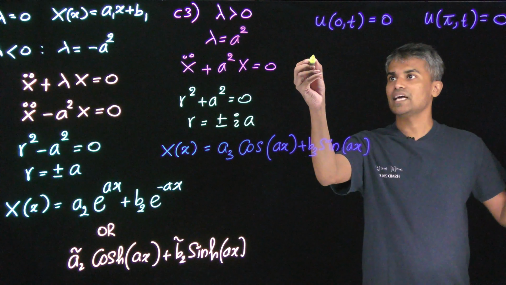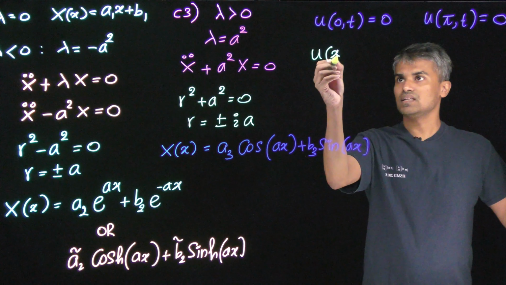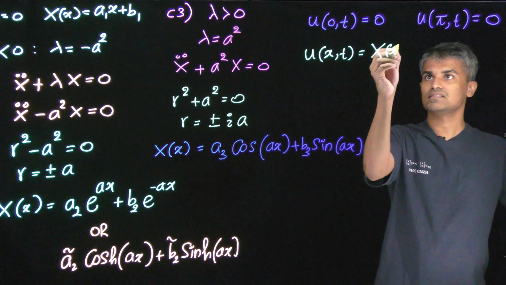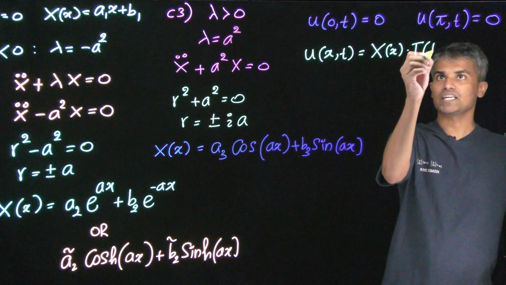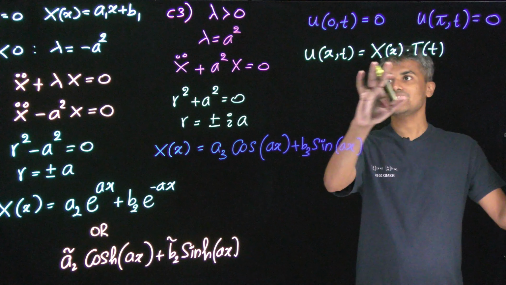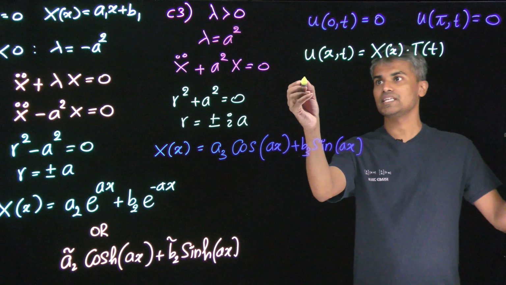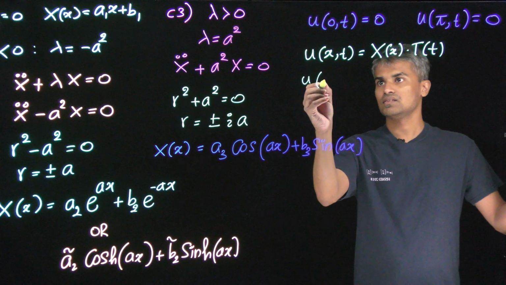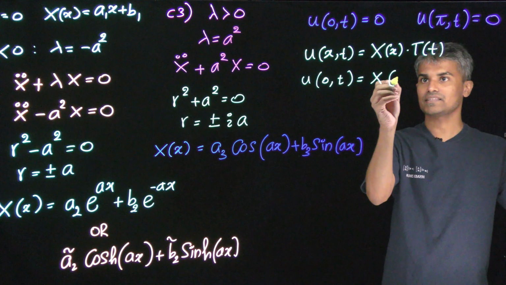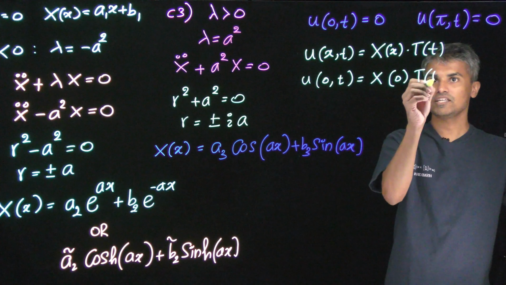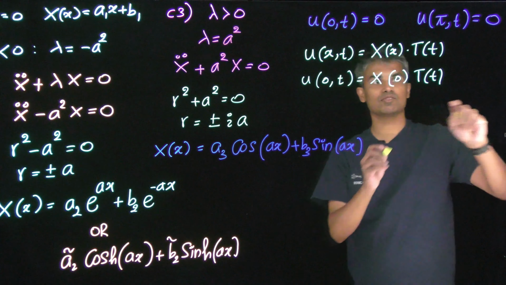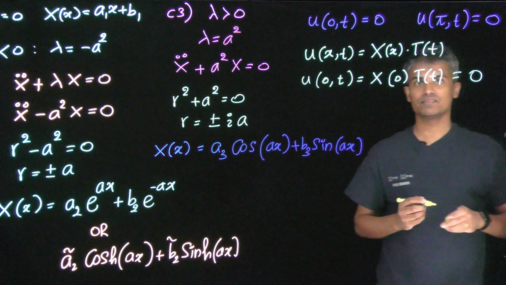So we know that u of x comma t equals big X of x times big T of t. Now if you evaluate this at x equals 0, we have big X at 0 times T of t, and my first boundary condition says this equals 0 for all t.